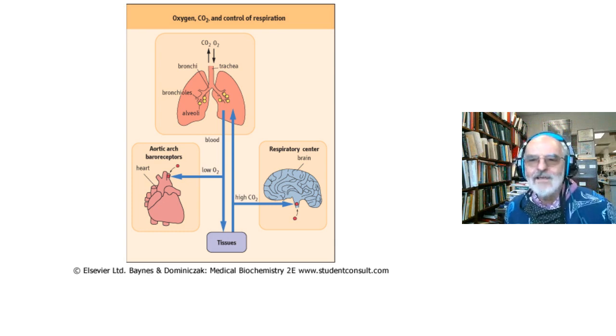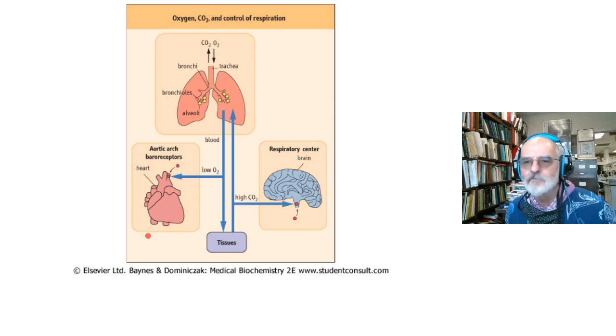So here's what we're talking about now at another level of control that we have to take into account. We've been talking about a relationship between what's going on at the lungs and what's going on at the tissues. We have CO2 going out, oxygen coming in. We have the CO2 coming from the tissues, and the oxygen going to the tissues.